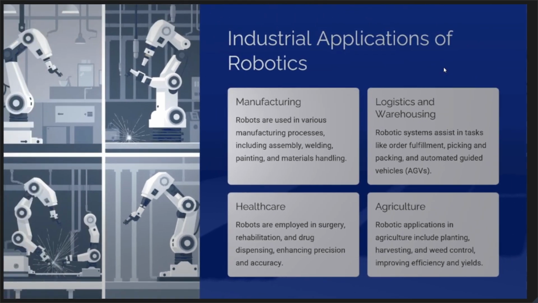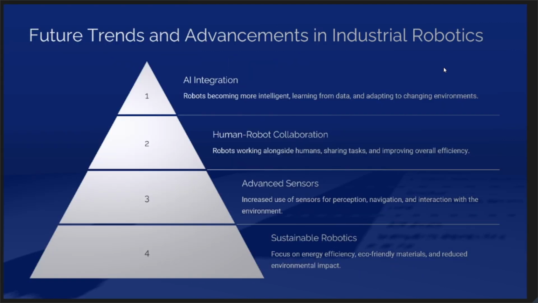So the future trends and advancements in industrial robotics: now we have come to human-robot collaboration, and going forward we will have more AI integration into robots.